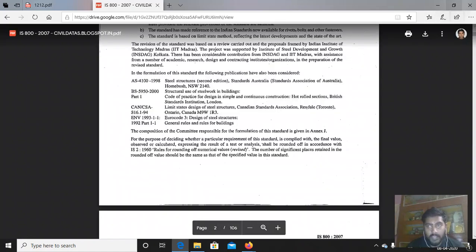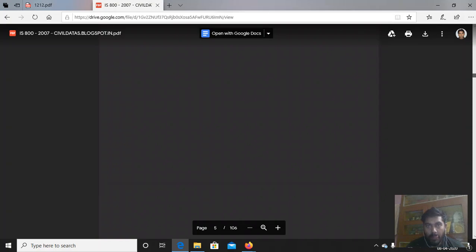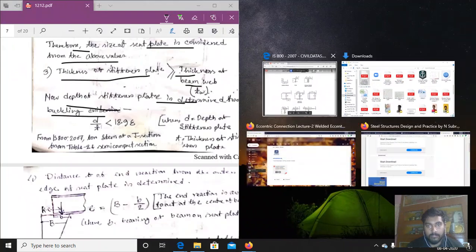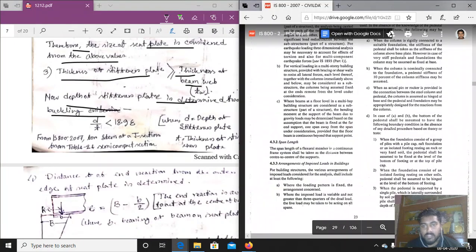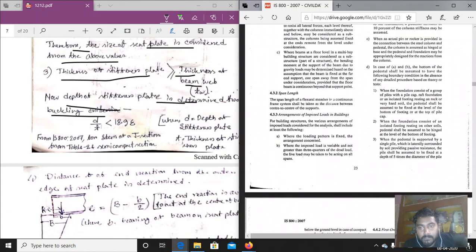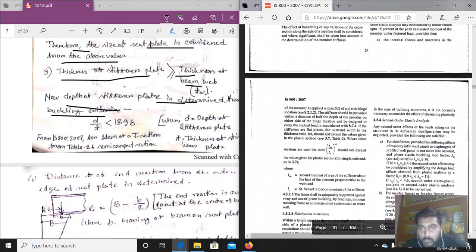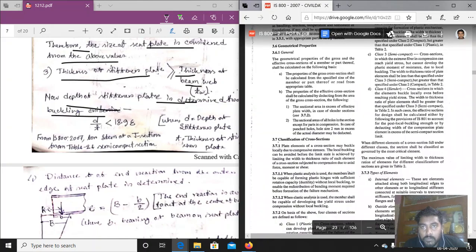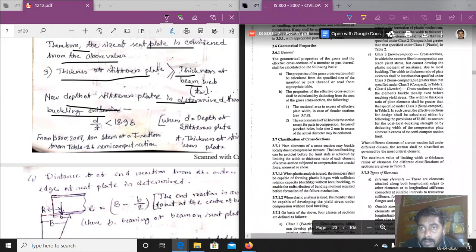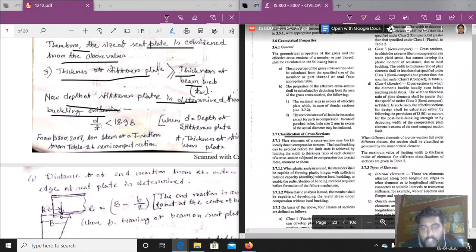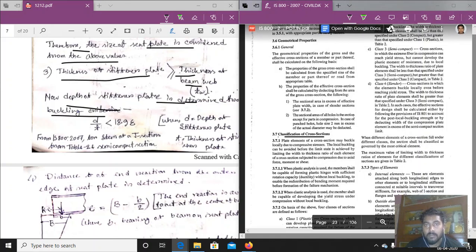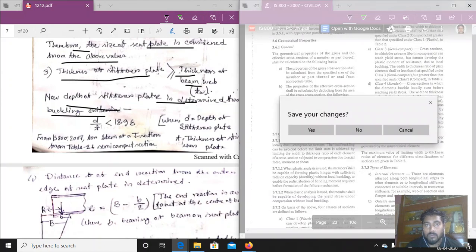Okay, this is the buckling criteria. Classification of the cross section depends on the buckling criteria.